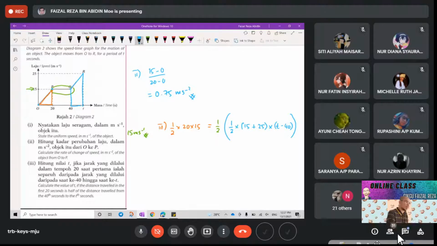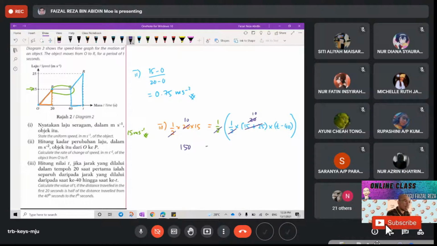So what should I do here is, 150. This one, 15 plus 25, I'm going to get 40, so this one is going to be 20. This one also 1 over 2 and 20, straight away I can have 10 over here.